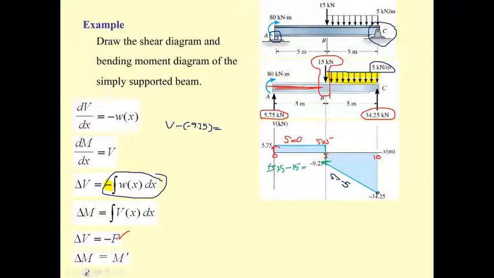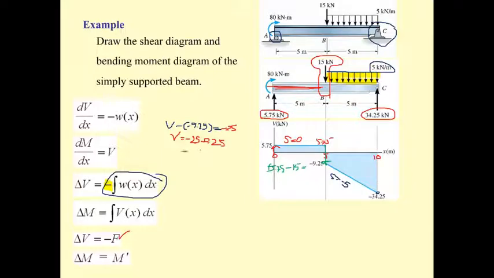So this one is going to be minus 25, and then the V that we have is going to be minus 9.25 minus 25.